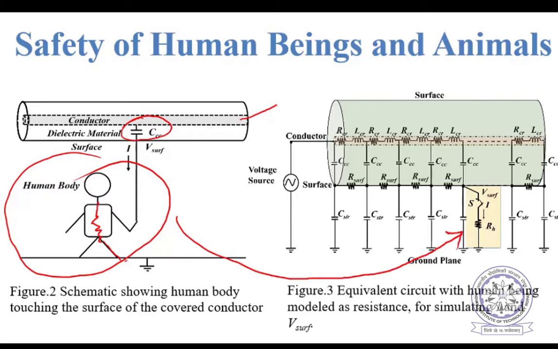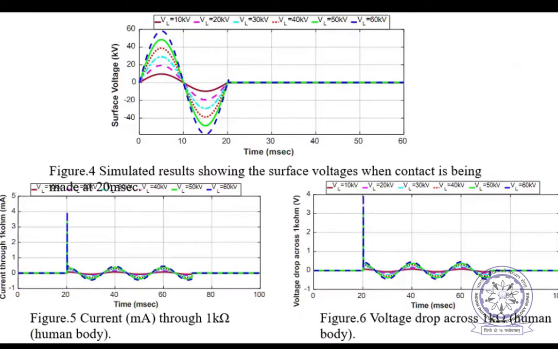You can see there is a switch and a resistor RH, and then the switch suddenly closes. And then what will happen to the current through this resistance as well as the voltage at the touching location? This is what is investigated now. You can see here at around 20 milliseconds, the switch is closed.